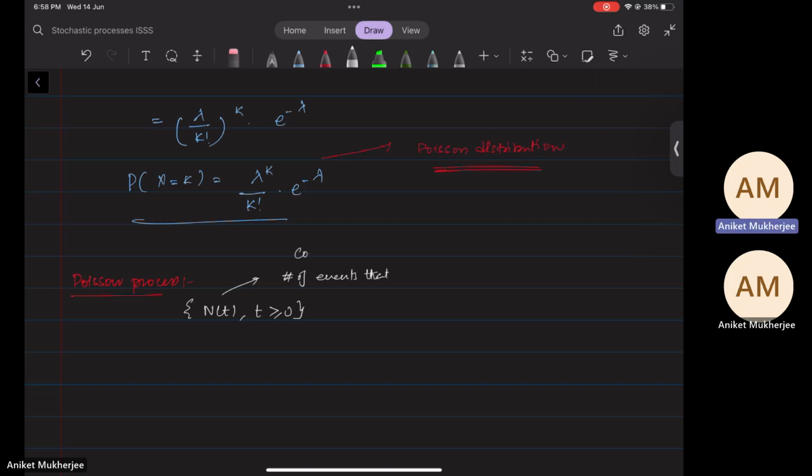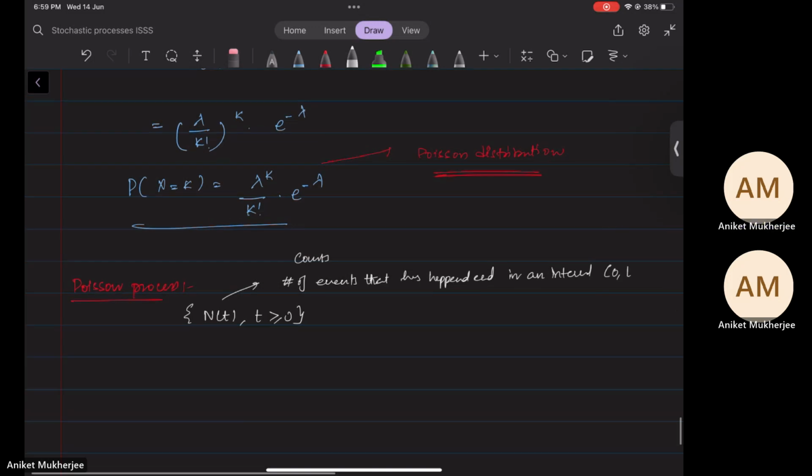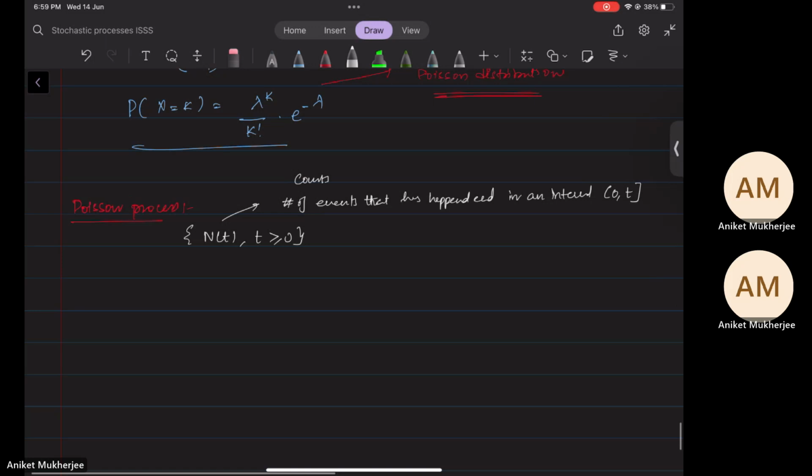This counts the number of events that have happened in an interval 0 to t.